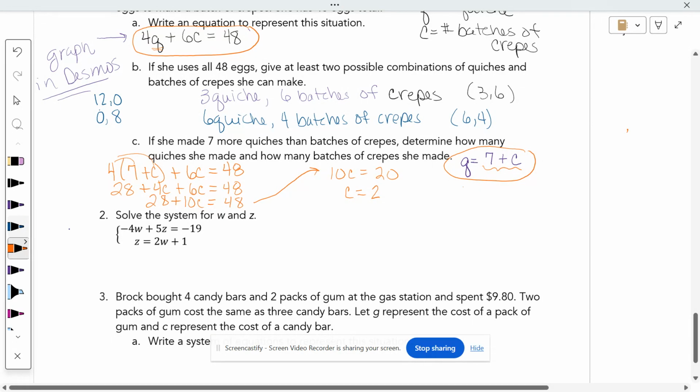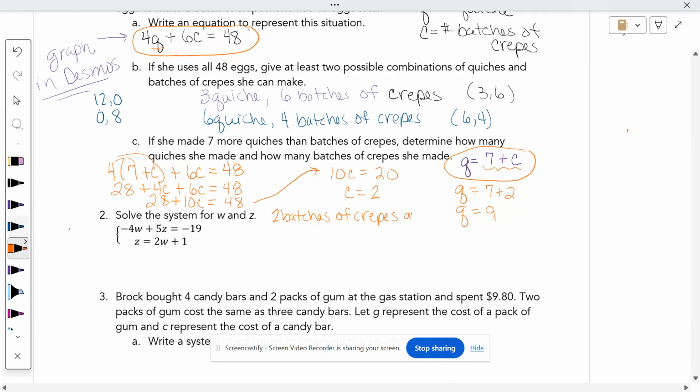Well, if she makes 2 batches of crepes, how many quiche does she make? Well, 7 plus 2 is 9. So 2 batches of crepes and 9 quiche.